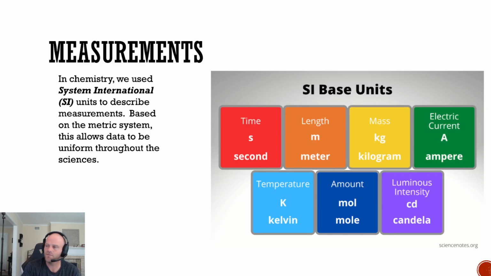Okay, so lab one, measurements in chemistry. Scientists in general, so physicists, chemists, biologists, pretty much all the medical sciences, anything to do with that, they're going to use the SI system of units. And the reason we do that is so that whether we're communicating with doctors from India or England or America or anywhere around the world, we're all on the same page as far as units.